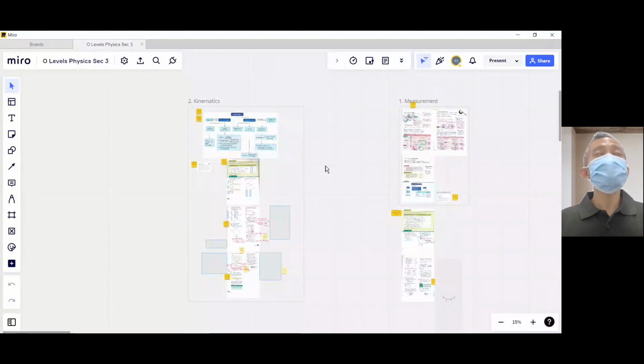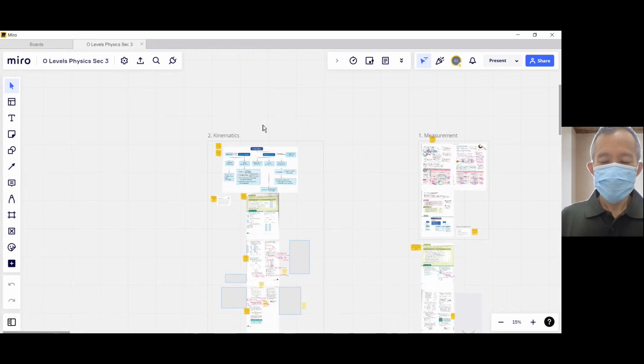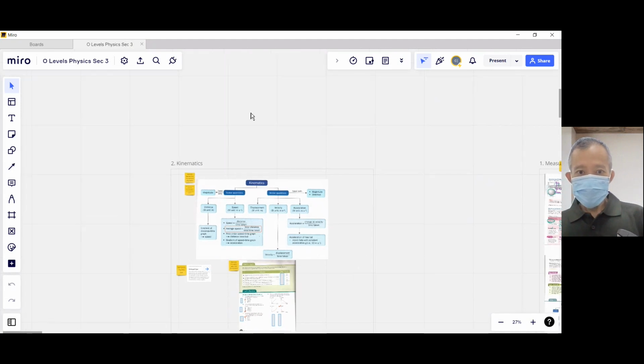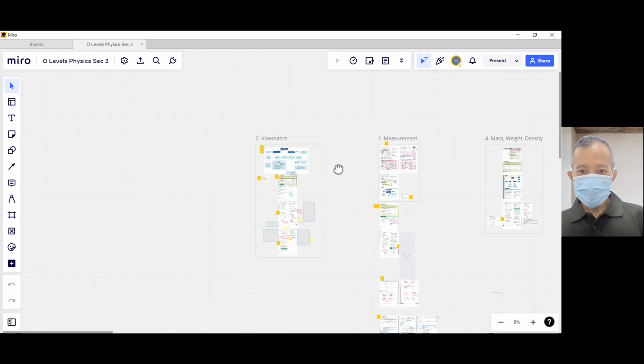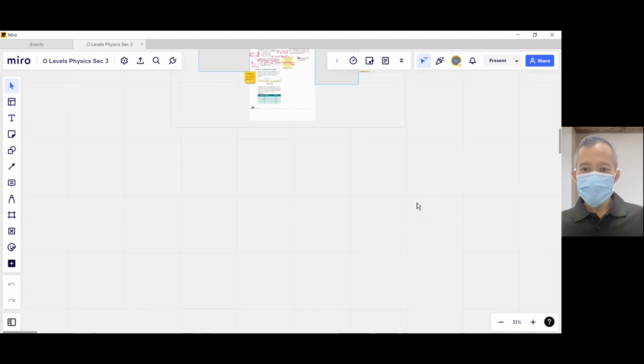I believe your kinematics is covered, right, for the test. It is. Okay. Then we'll just do a quick revision. Okay, come. You have your notes with you.